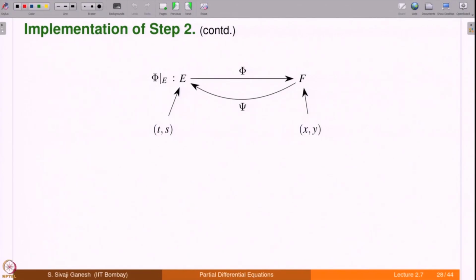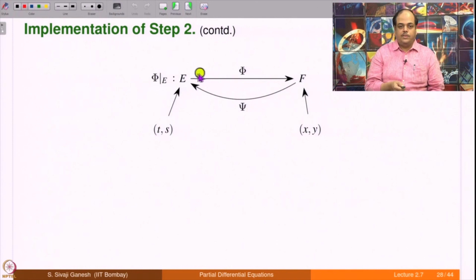Now, we have a picture. Here we have phi from E to F. Originally phi is defined on some other set, which is J cross I or R cross I, and then we assume that at (0, s0) the Jacobian condition is satisfied, that is, the non-zeroness of the Jacobian. Therefore, you can find an open set E which contains the point (0, s0) and an open set F which contains the image of phi under that.